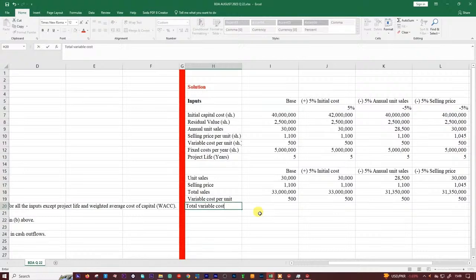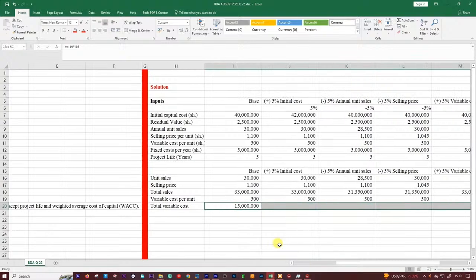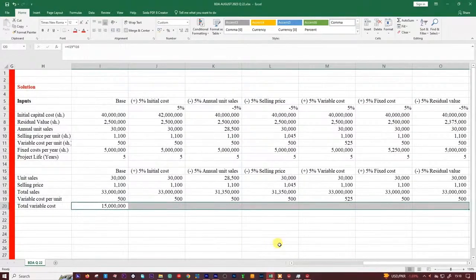And the total variable cost will be given as variable cost in terms of shillings times the units. Put towards the right, Control R, and it picks.